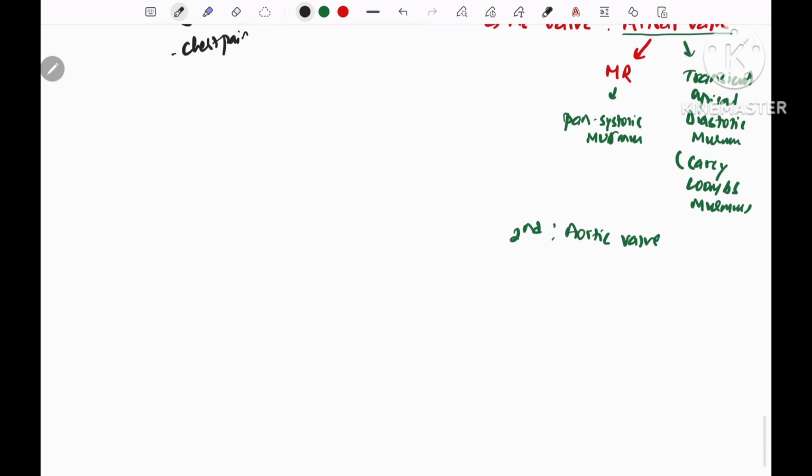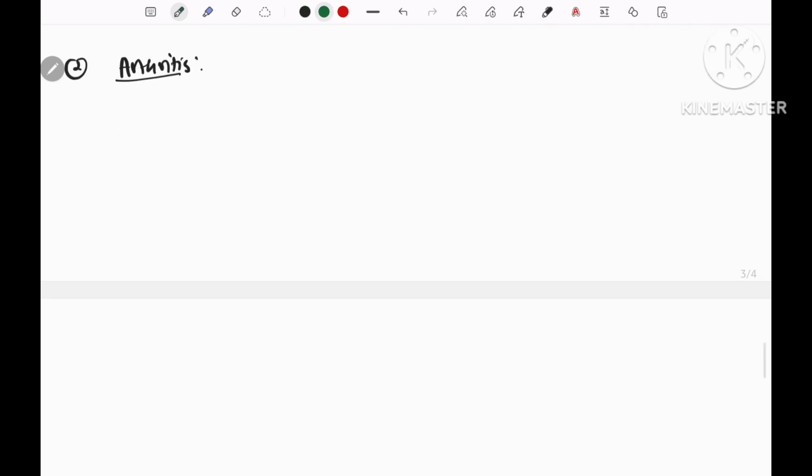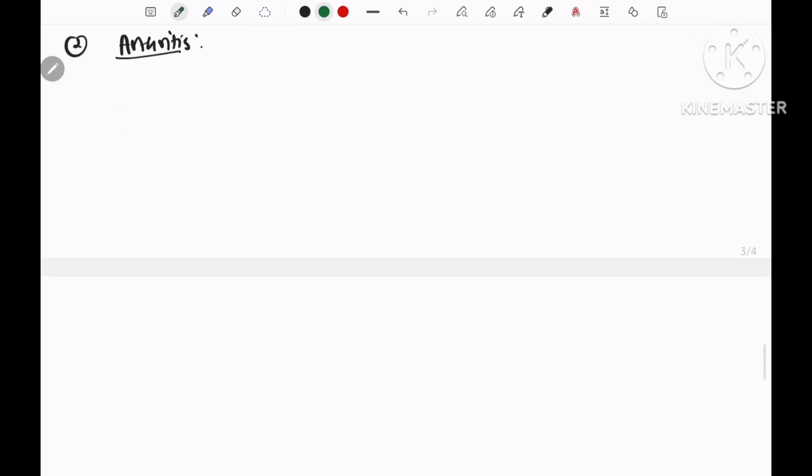Now we will secondly learn about the joint involvement, that is polyarthritis. In arthritis, there must be involvement of two or more joints.